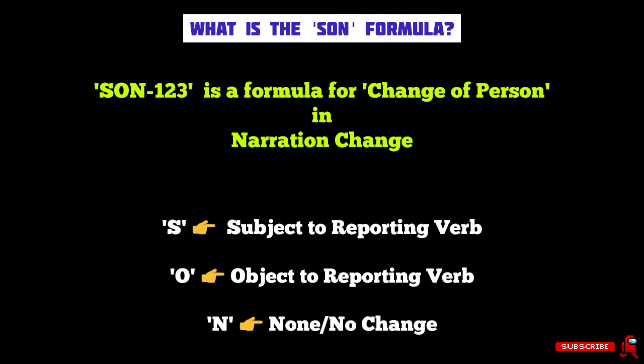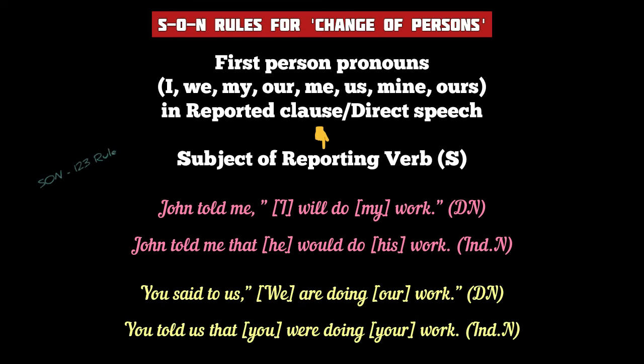So remember, in the SON formula, the letter S stands for the subject of the reporting verb, the letter O stands for the object of the reporting verb, and N stands for no change. You see, the SON formula has three rules: the S rule, the O rule, and the N rule. We follow these three rules for the change of person in the exercise of narration change.